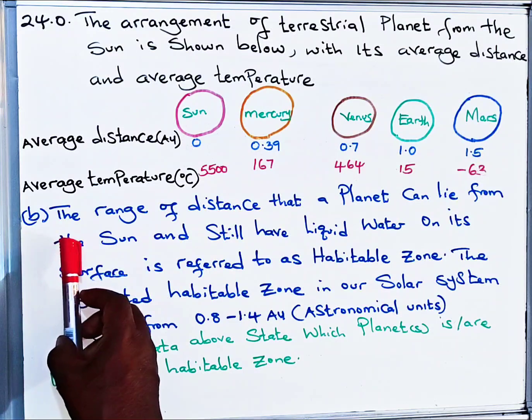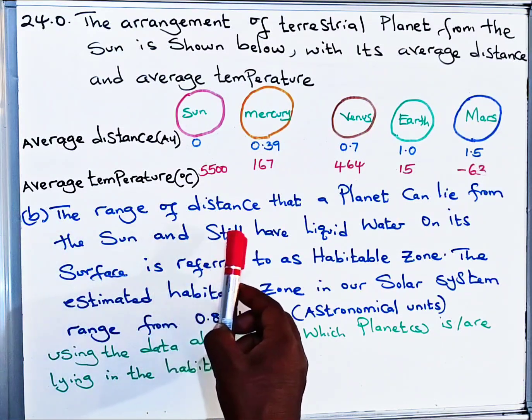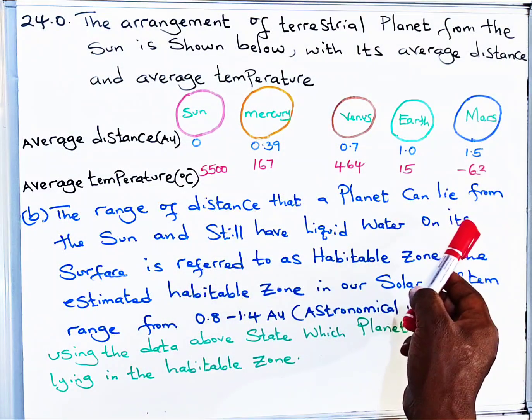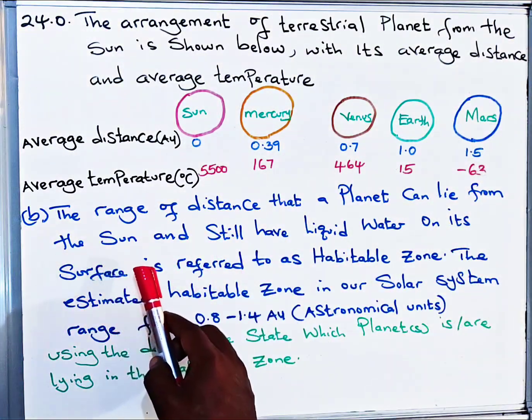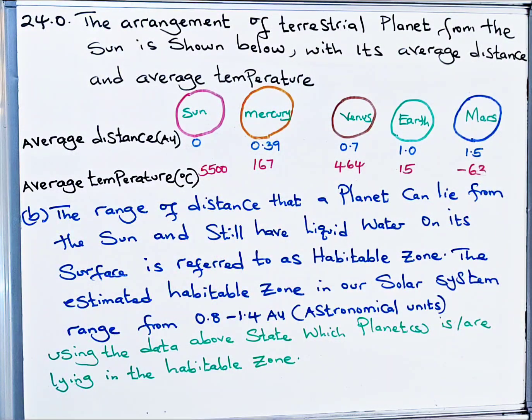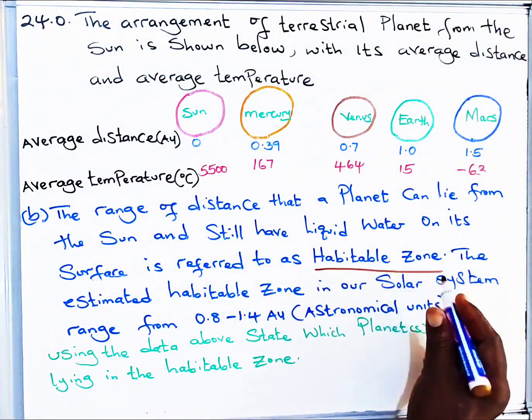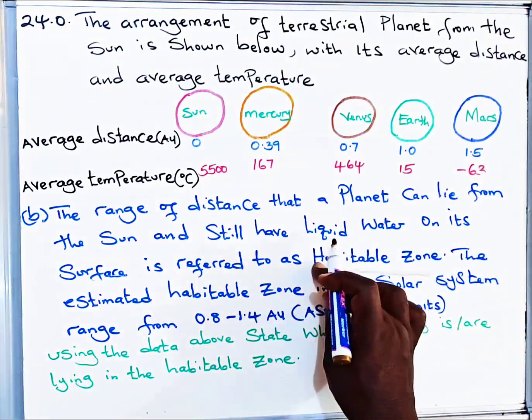It says that the range of distance that a planet can lie from the sun and still have liquid water on its surface is referred to as the habitable zone. This is very important to note.